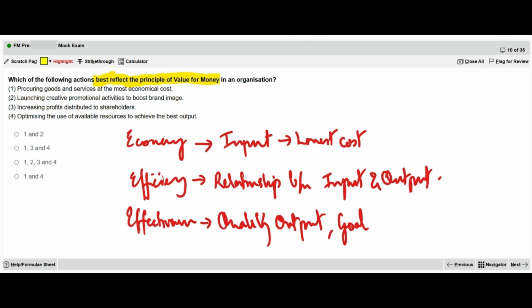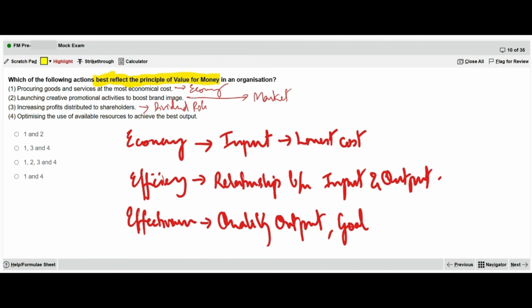Procuring goods and services at the most economical cost. This is nothing but economy. It speaks about getting the input at the lowest cost. Launching creative promotional activities to boost brand image has nothing to do with value for money. This is speaking about marketing activity. Increasing profit distribution to the shareholders is about the chapter called dividend policy.